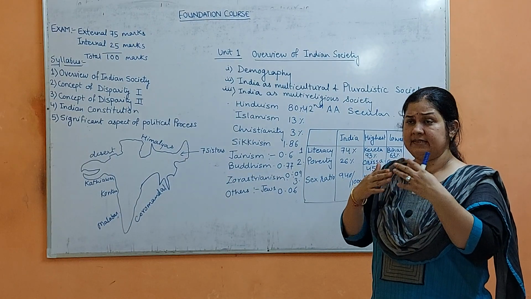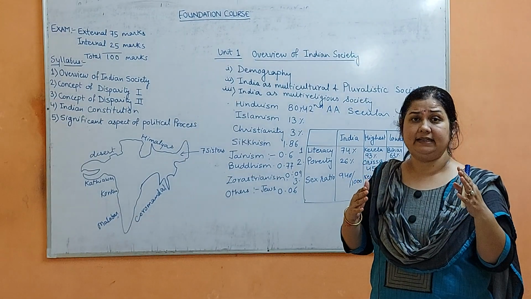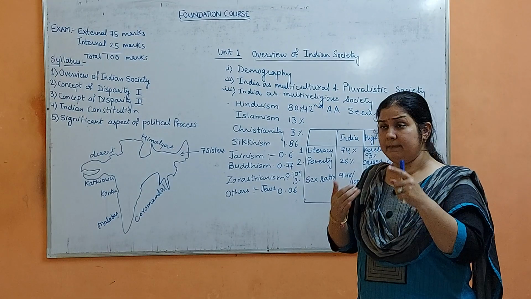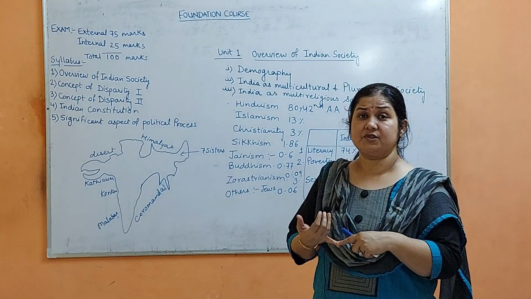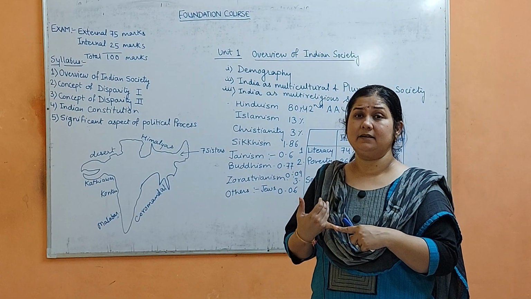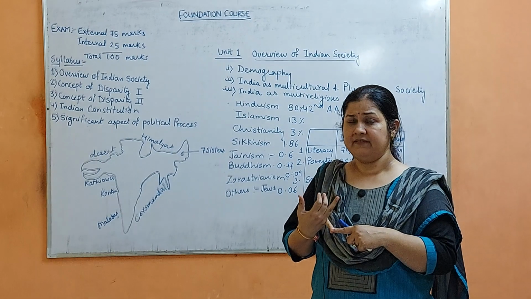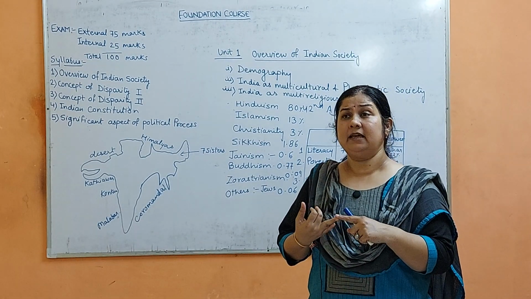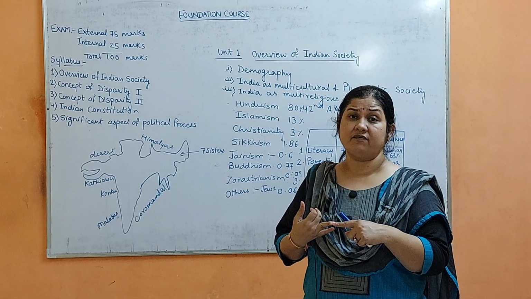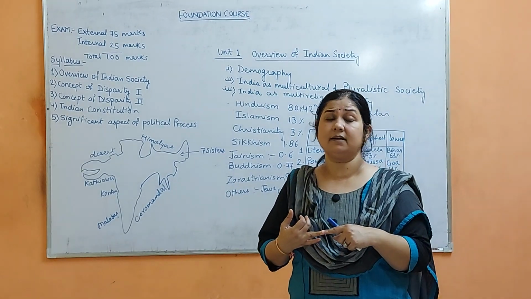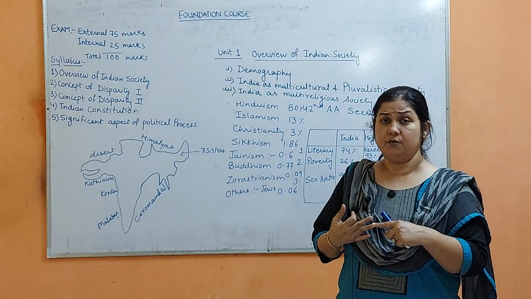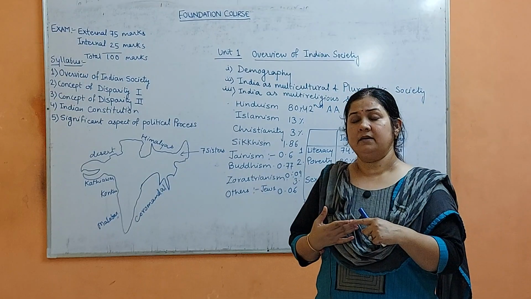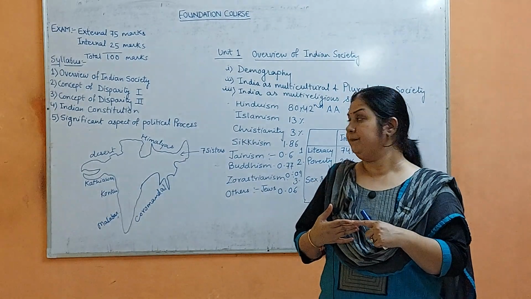Every person has his or her own deity. Now Hinduism believes in the theory of Purushartha. What do you mean by it? Purushartha? We will see it later on. Then Hinduism believes in Trinity of God, that is Brahma, the creator, Vishnu, the sustainer, and Mahesh, the destroyer.